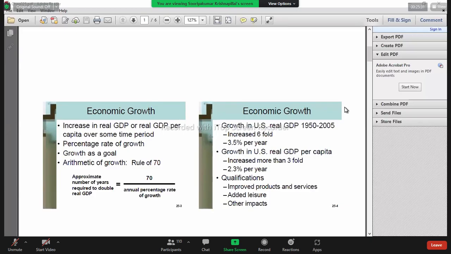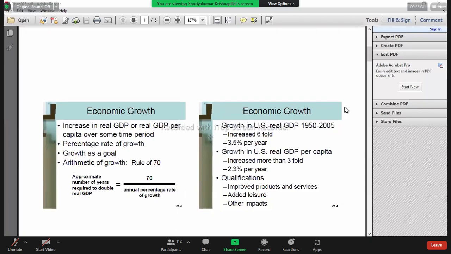So here we say real GDP. We studied in an earlier chapter that there is nominal GDP and real GDP. For nominal GDP, we measure the value of final goods and services produced within the country using the current market price, that same year's price.